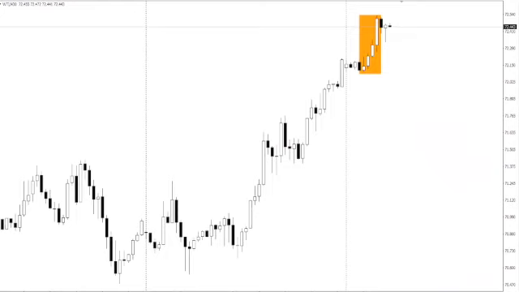After the release, the price of crude oil went up above 72.44 per barrel.